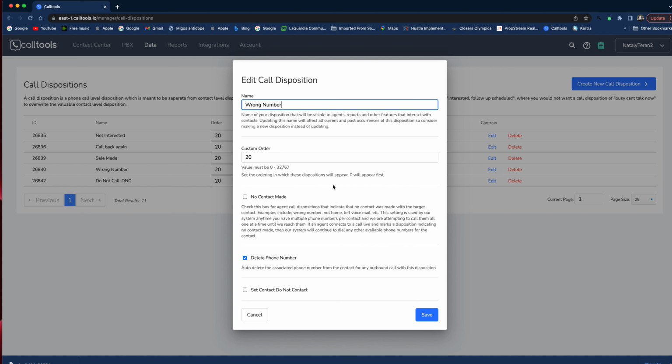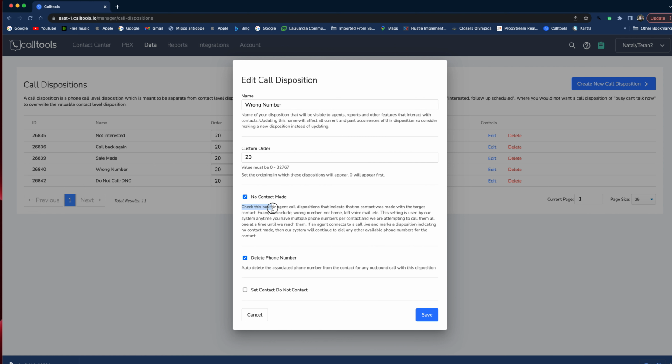Wrong number, you're going to edit your wrong number, and wrong number should have no contact made.